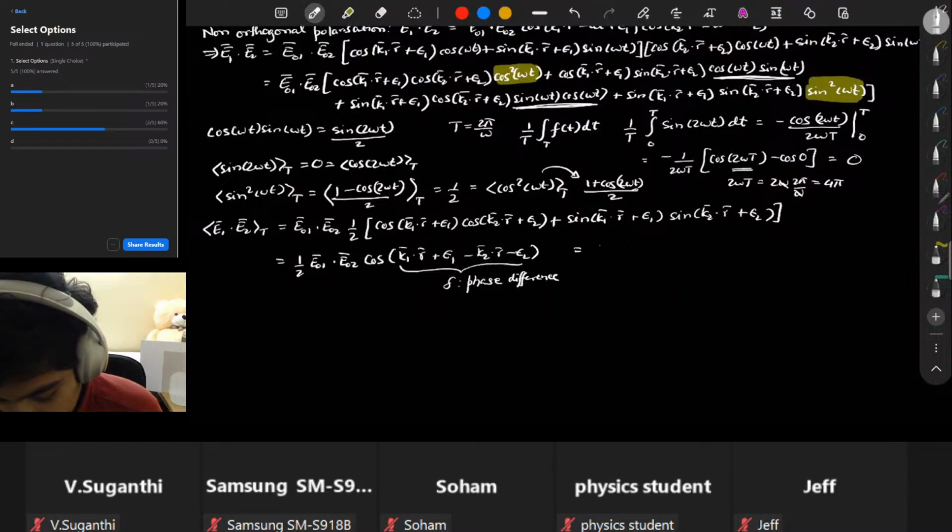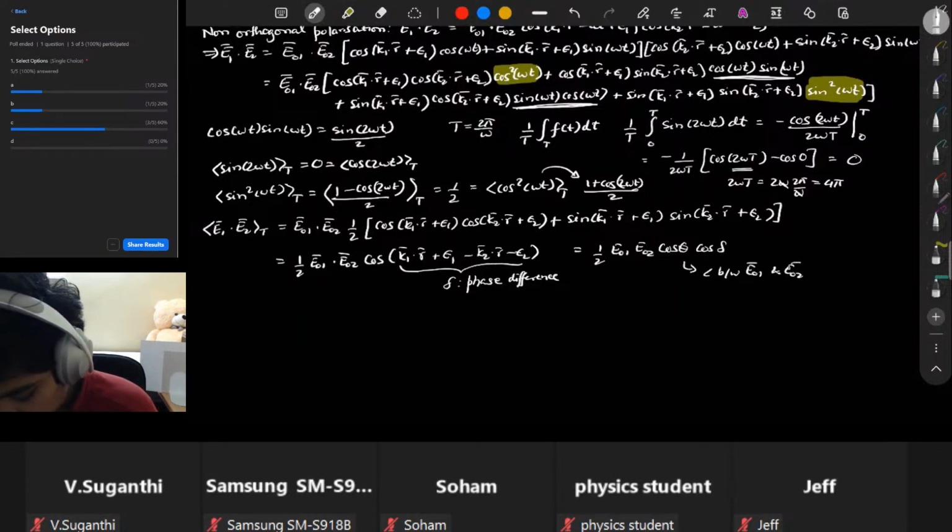So finally, this is 1 by 2 E01 E02 cos theta cos delta, where theta is the angle between the E01 vector and the E02 vector.